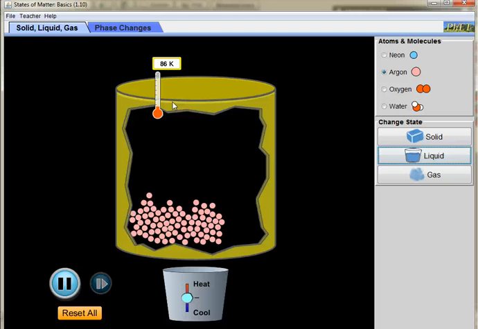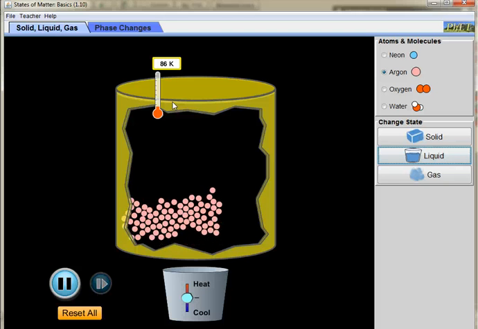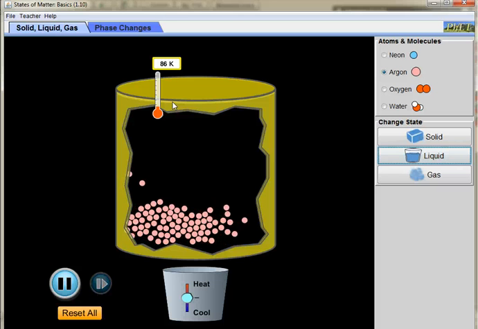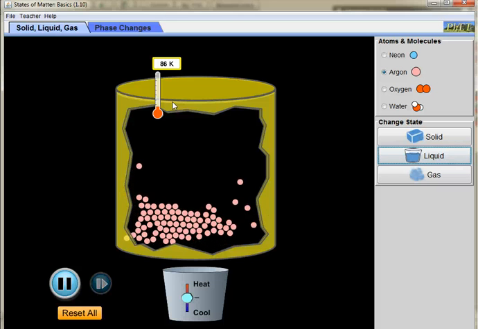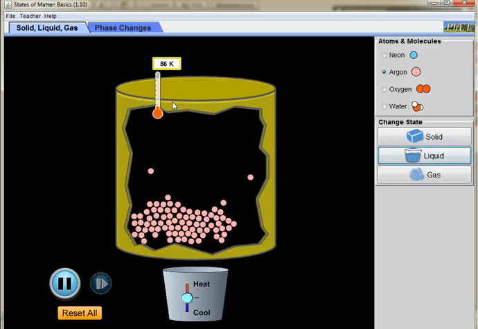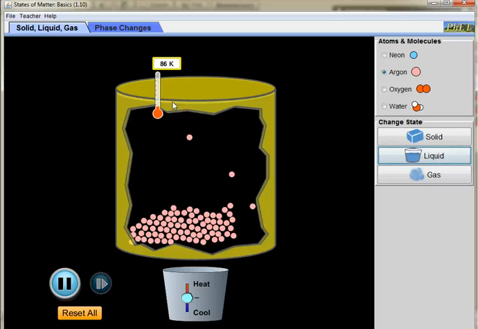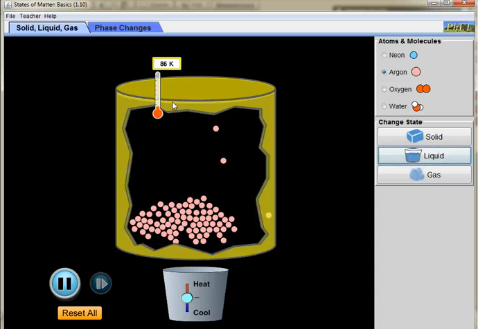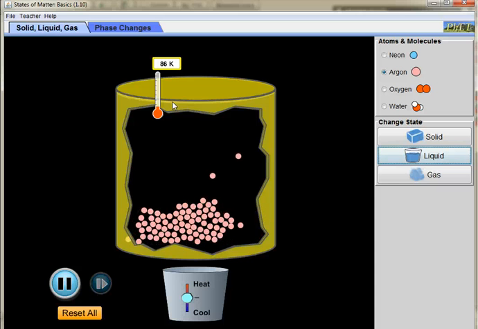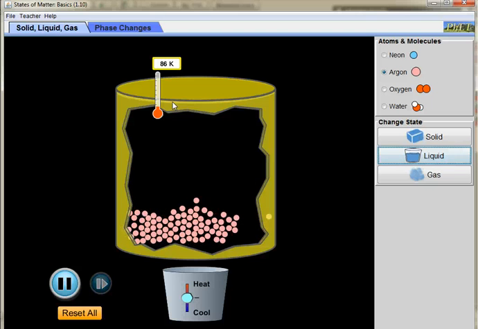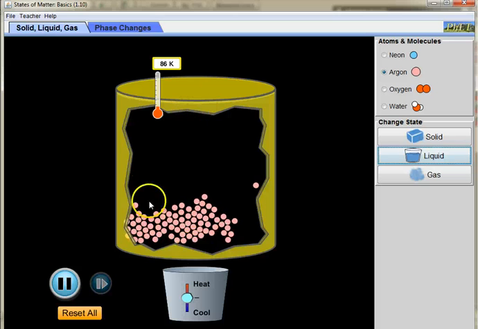Can we say that if we decrease the temperature, the motion of the particles should decrease? Can we say that if we increase the temperature, the motion of the particles should increase? So let's change that.